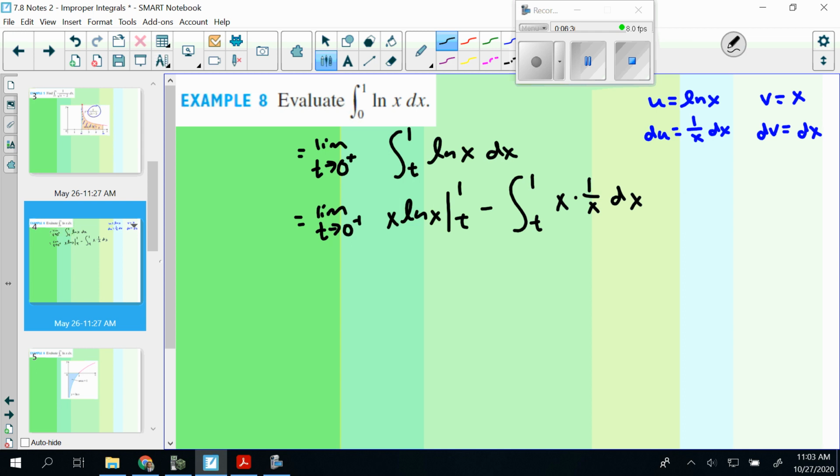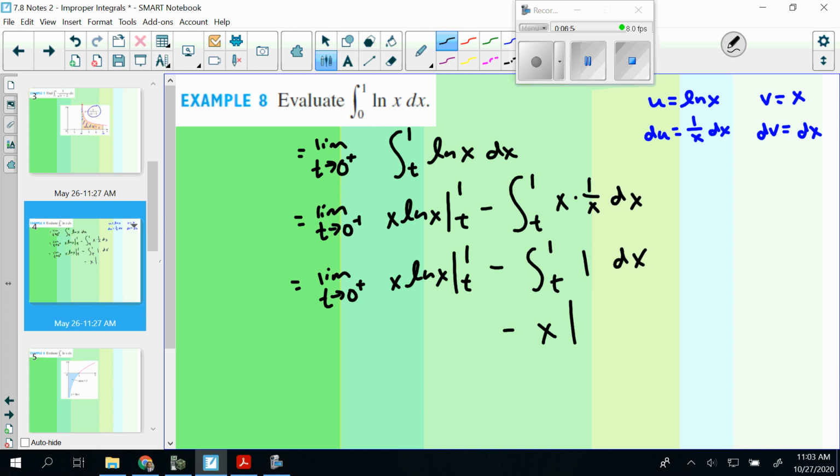That integral should simplify there for us because x times 1 over x just simplifies to 1 here. So our integral now is just 1 dx. So the antiderivative, that's going to be x. All right, so now we have to evaluate both of these because we found both the antiderivatives here.